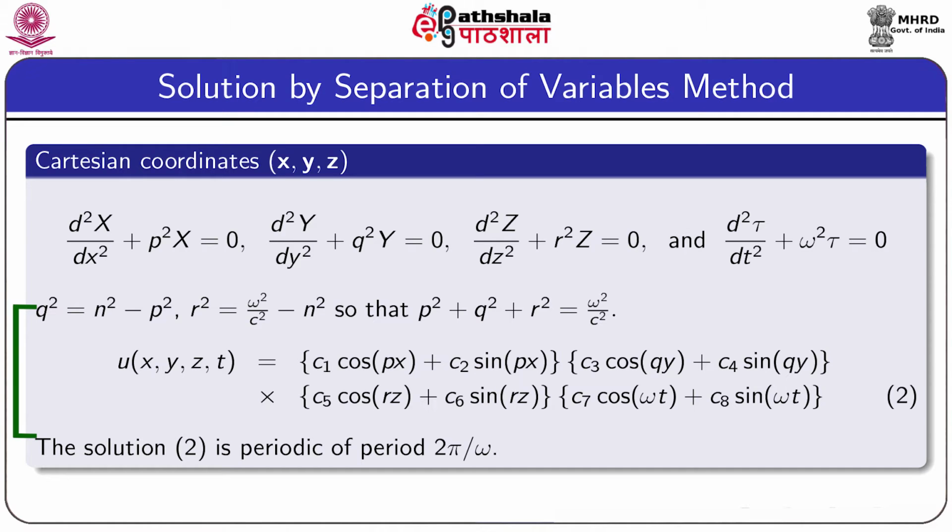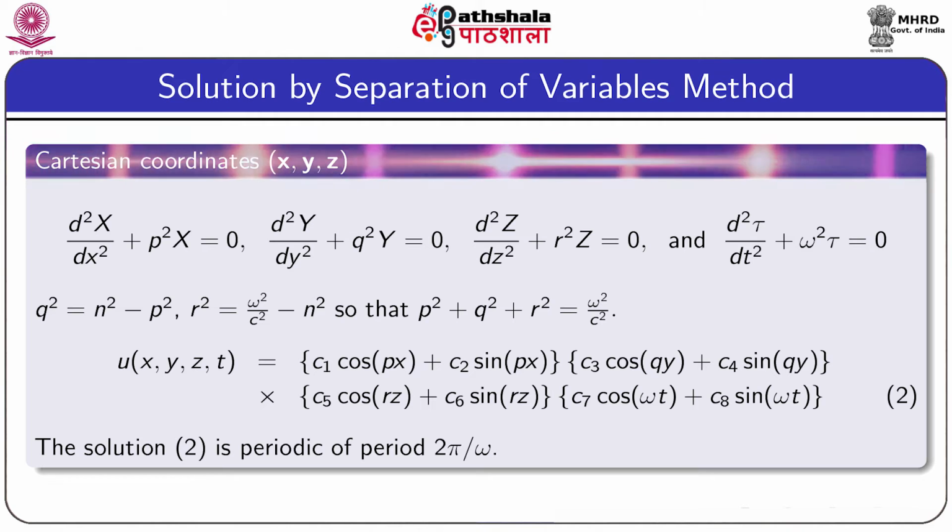So, the solution of the original equation or the 3-dimensional wave equation can be written as u equals capital X into capital Y into capital Z into tau, which is given here in equation number 2, where the constants p, q, r, omega are given by the equations q square equals n square minus p square, r square equals omega square by c square minus n square, and p square plus q square plus r square equals omega square by c square.